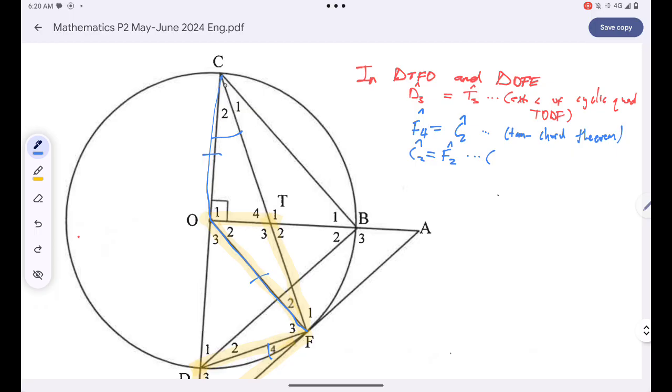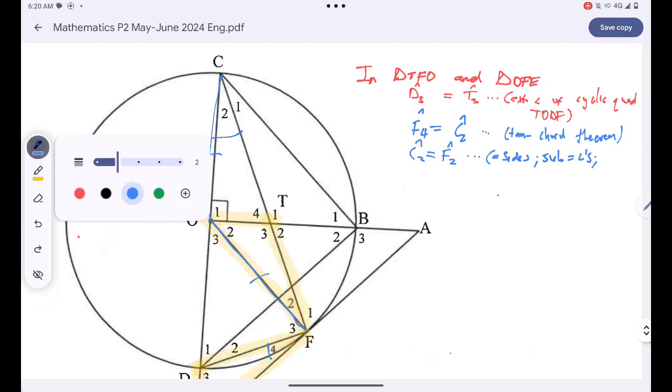That means triangle COF is an isosceles triangle. Are you together? I can simply say equal sides will always subtend equal angles, and then I must specify those equal sides. Those equal sides are OC being equal to OF.